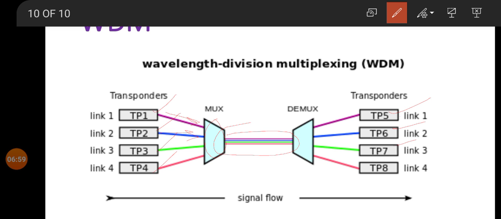Clear? So here transponder 1 is sending some light beam, means that light signal consists of some data. That may be analog data or digital data, text data or image data, but it consists of some data. Understood? The best example for this is a theater, a picture theater.